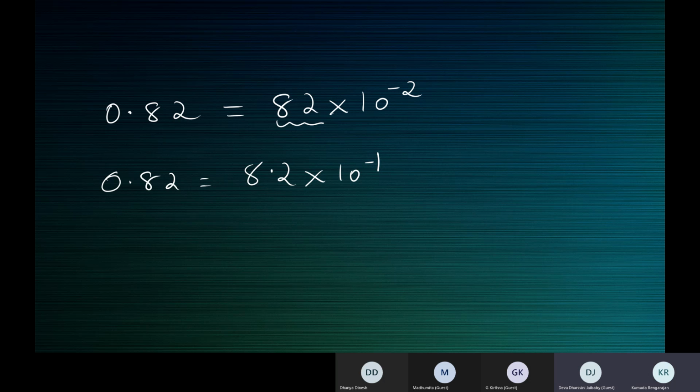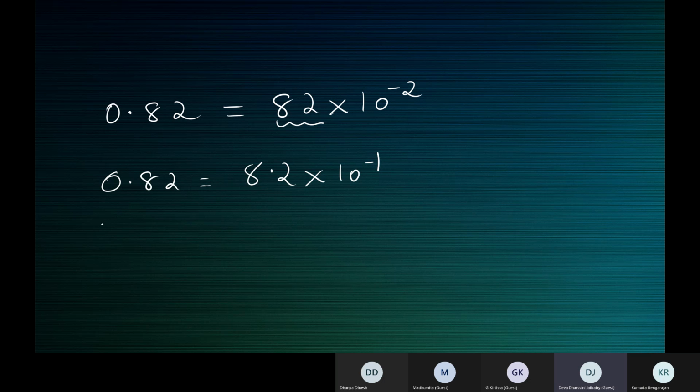Just a minute, children. Yes, Devadarshini. Try this.